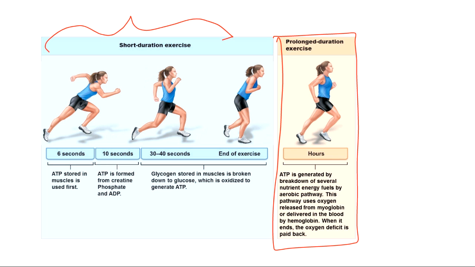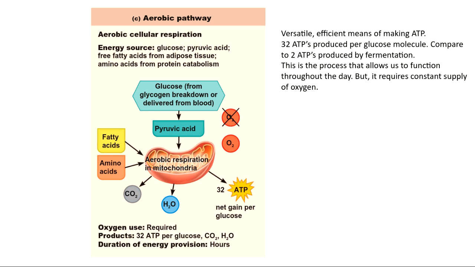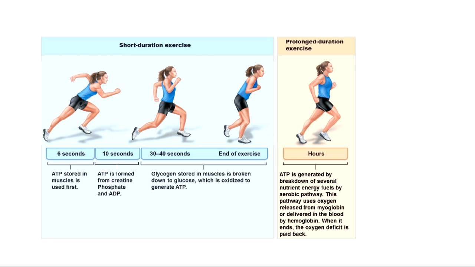So it's okay for short duration exercises, weightlifting, sprints, but you cannot sustain it for very long. Sustained reactions are the ones that allow muscle to make ATP with oxygen through aerobic respiration, and that's going to keep us going all day long. Marathon runner.